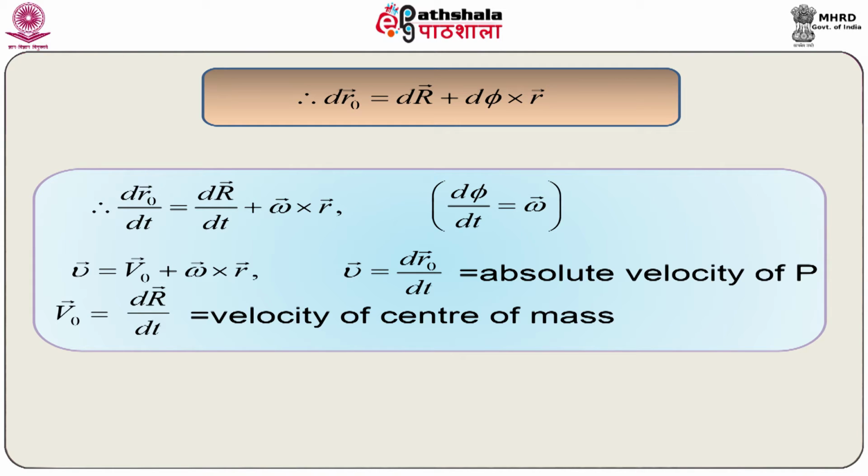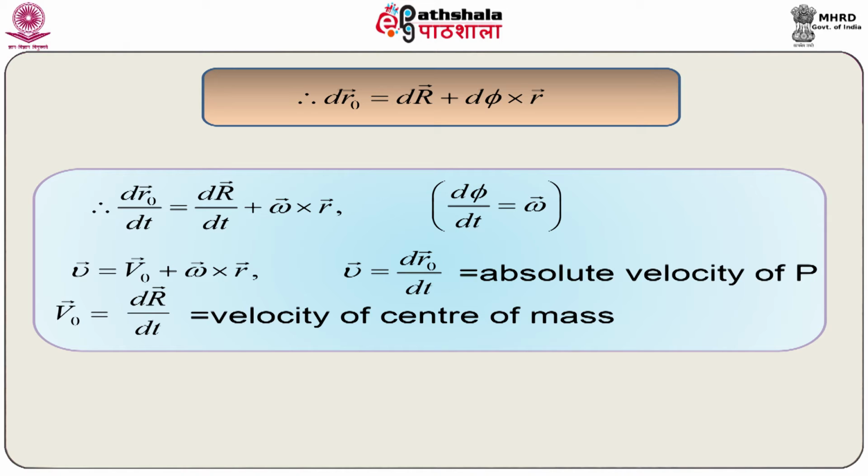If we take the differential with respect to t, this gives d dt of r_O vector. This one will be d dt of capital R vector. This will be changed to d dt of phi, which can be written as omega vector.